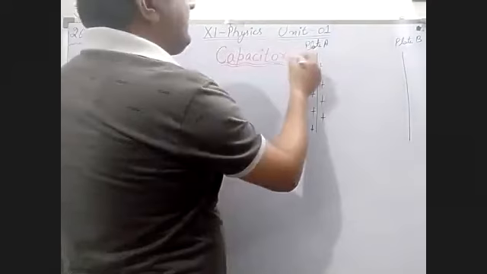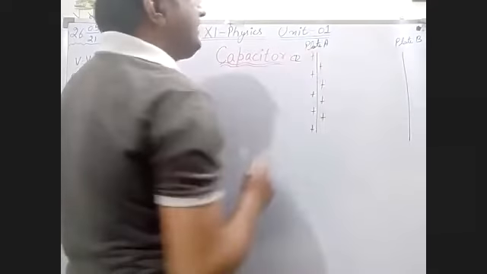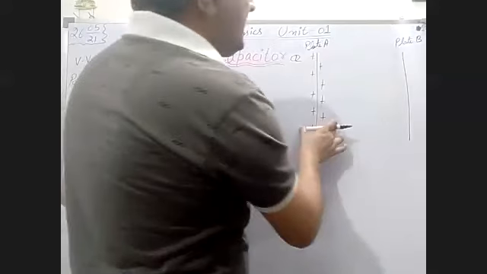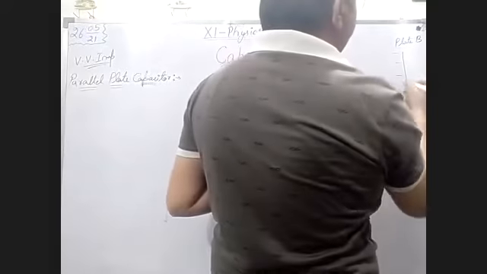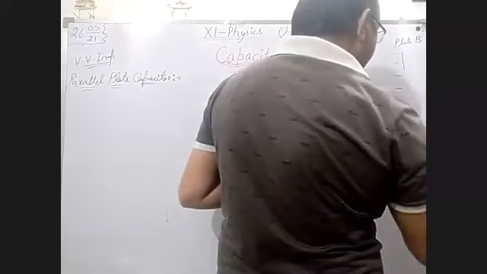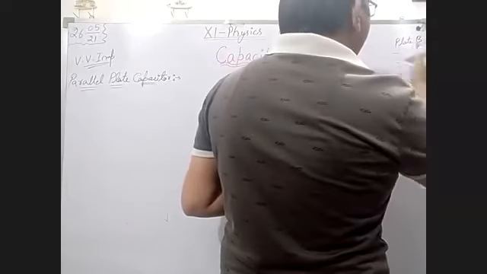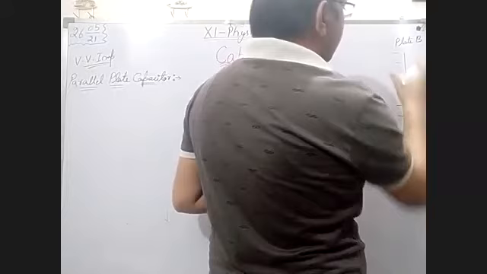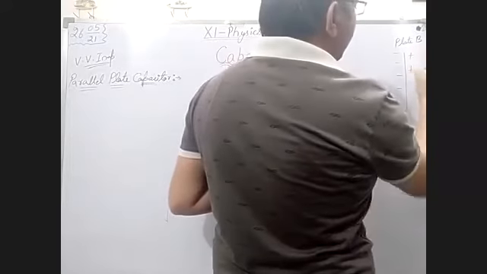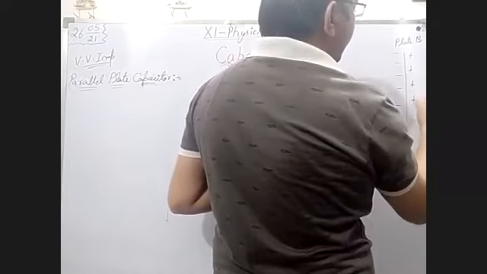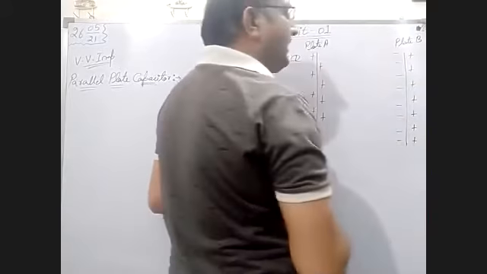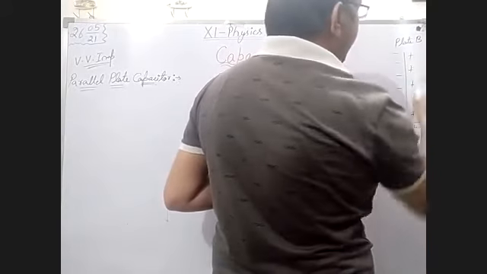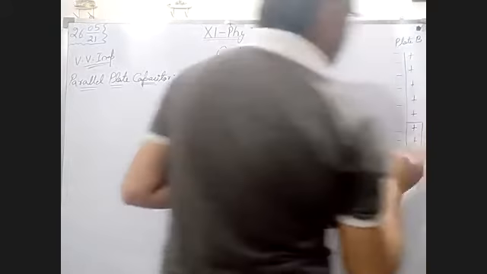You know very well this charge can be taken as capital Q. By this charge, a charge will be induced on this plate, but opposite in sense. One side we will get positive, and this one we will get negative. But by earthing, we can send this positive charge to the earth.